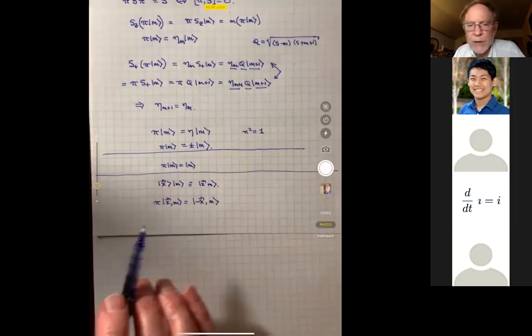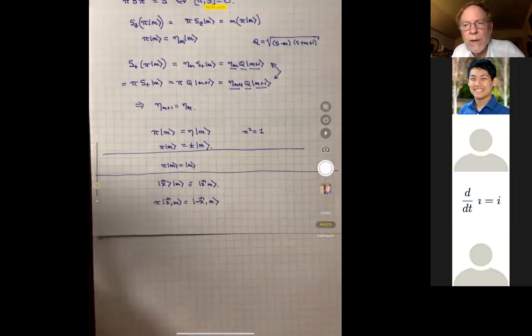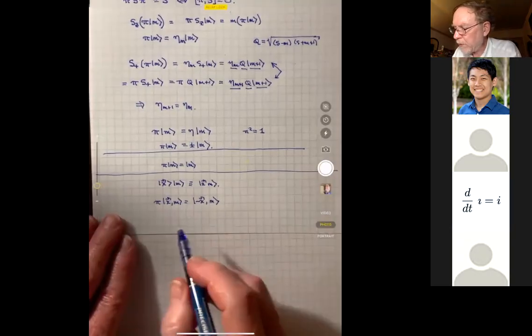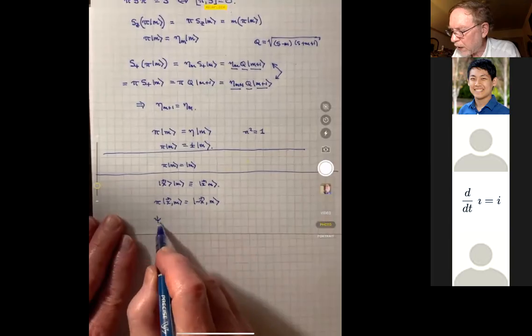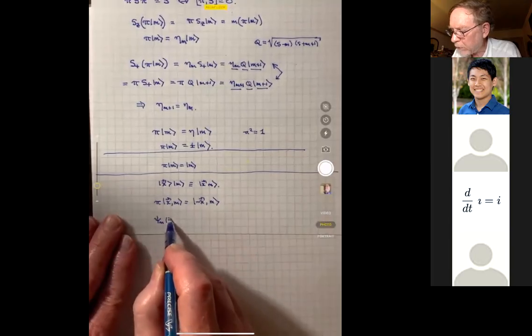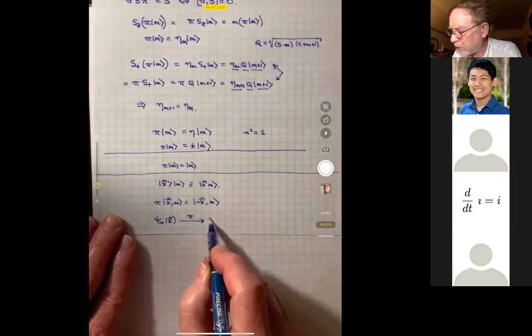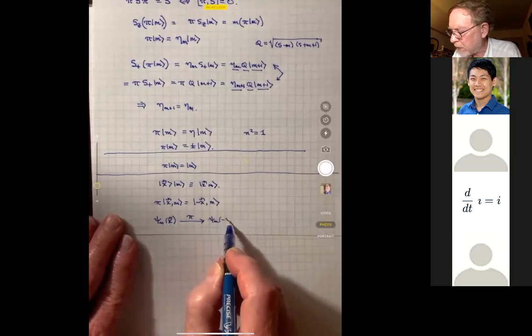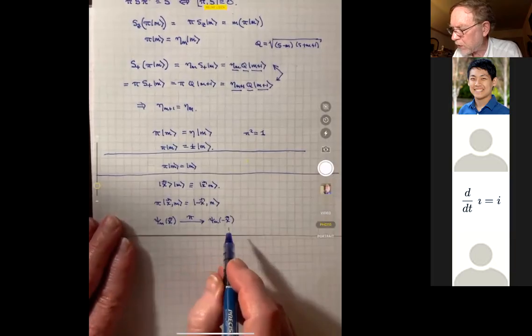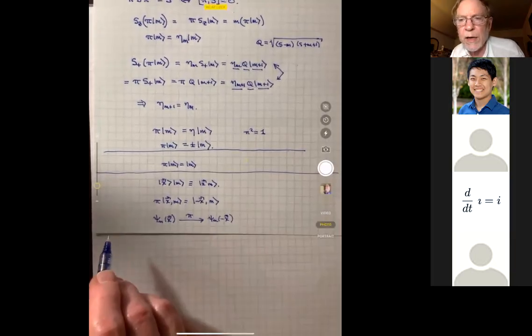This is just a combination of the two transformation laws that we worked out by tackling spatial and spin degrees of freedom separately. And if we do this, then the effect on a wave function, psi_m(x), a multi-component spinor wave function for a particle with spin, under parity, this goes into psi_m(-x). The spatial variable changes sign and the m index doesn't change.